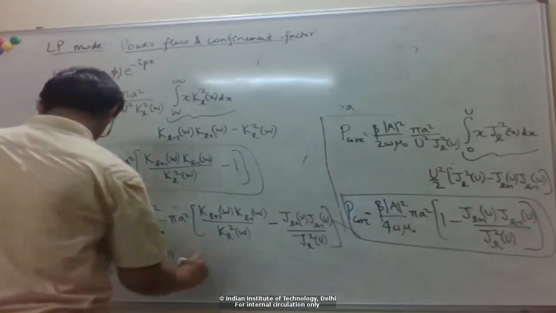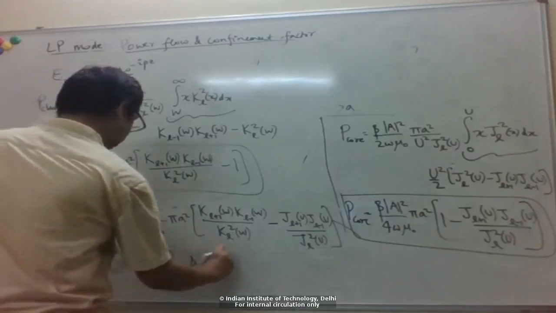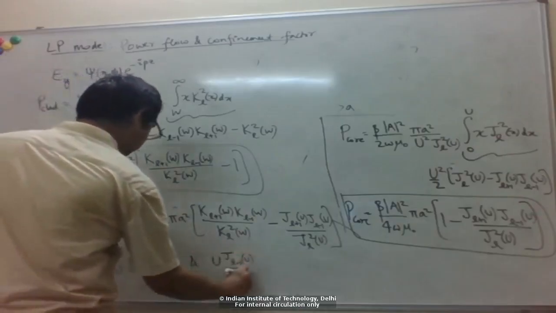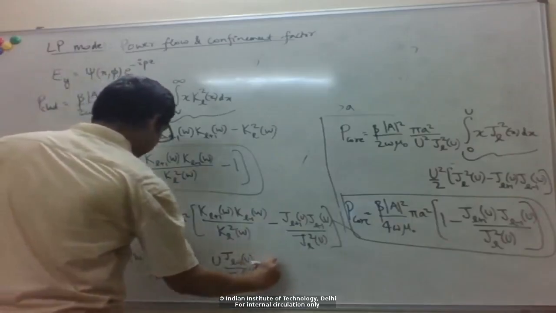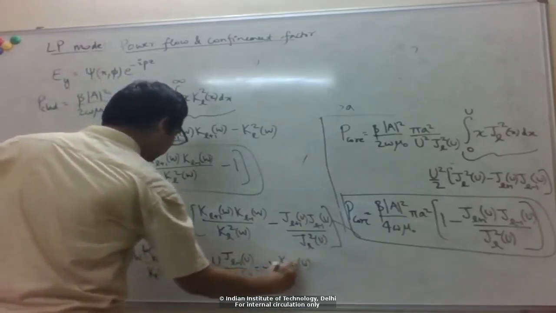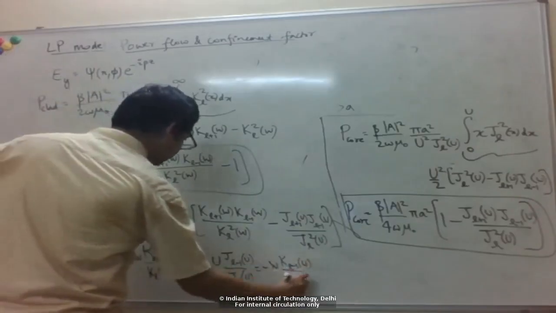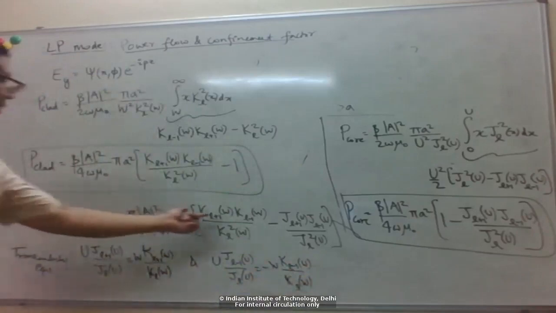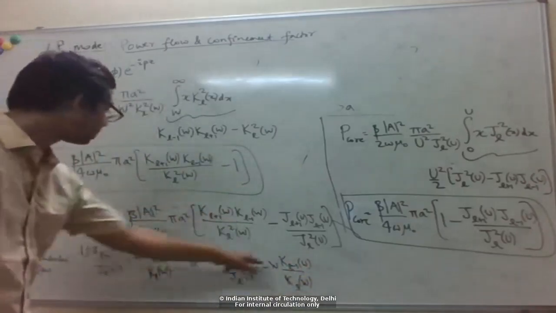And the second one was JL minus 1 by JL is minus W KL minus 1 by KL. And so these terms you can see are sort of like the product of these two.